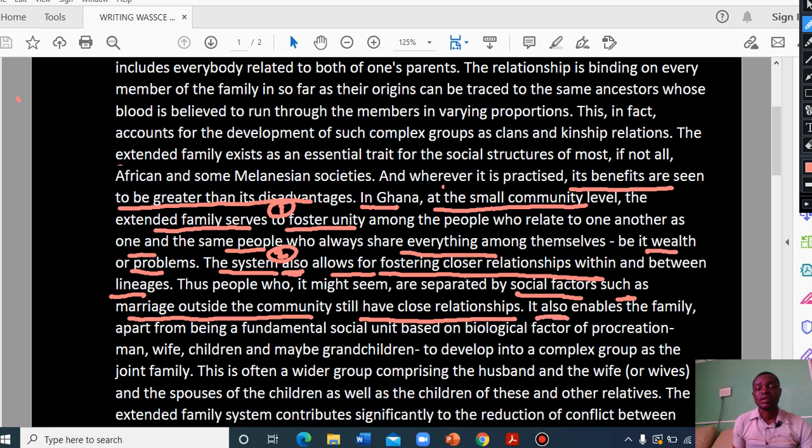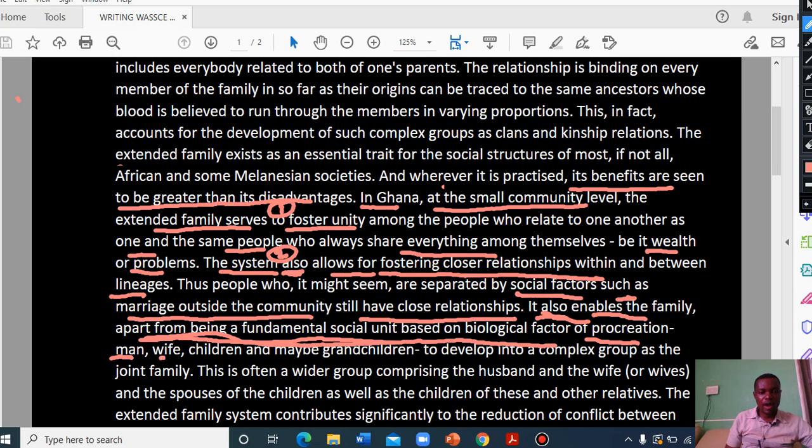It also, here there's another point, enables the family, apart from being a fundamental social unit based on the biological factor of procreation, man, wife, children, and maybe grandchildren, to develop into complex groups such as the joint family.